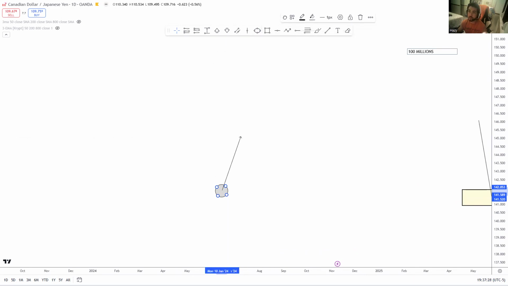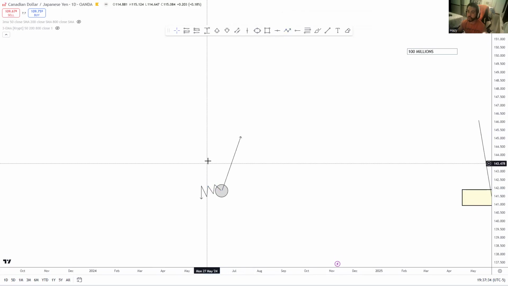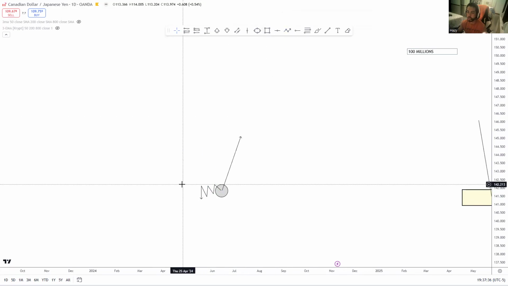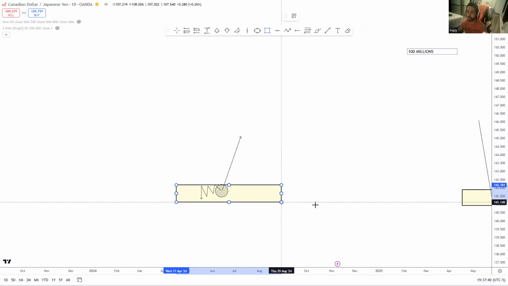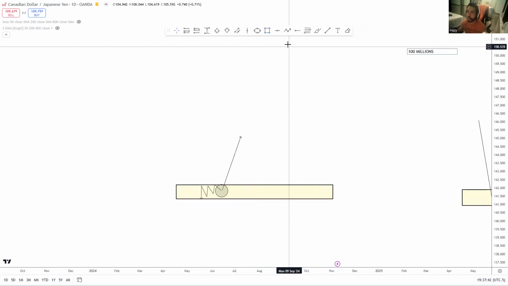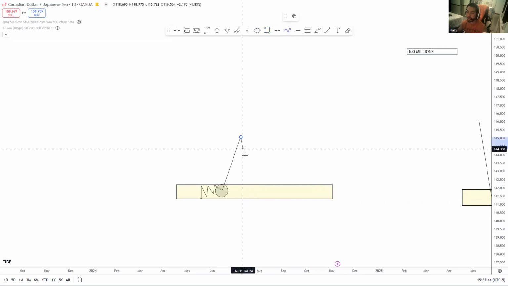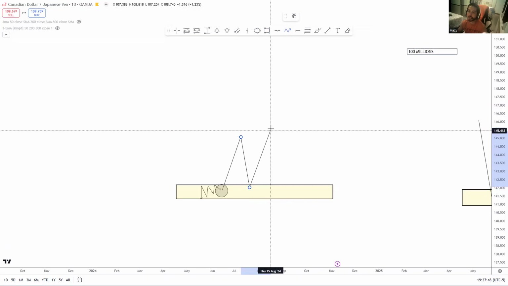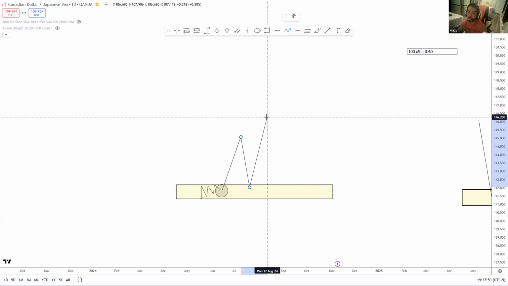What are they going to do? They're going to wait for price to come back more or less into the origin of this move, which is the base. This would be the demand zone. So they're going to be waiting for price to come back into the zone and have a reaction to the upside. That's pretty much how they trade.